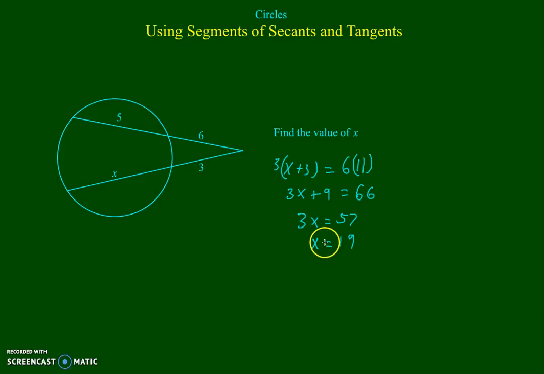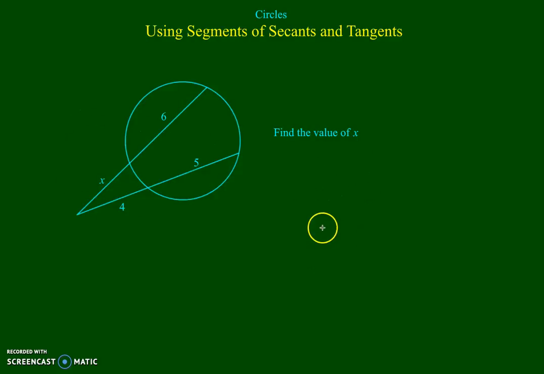Okay, let's work another example. This is another example of the segments of secants. And so let's begin. We know that the entire secant segment times its external piece equals the entire secant segment times its external segment.